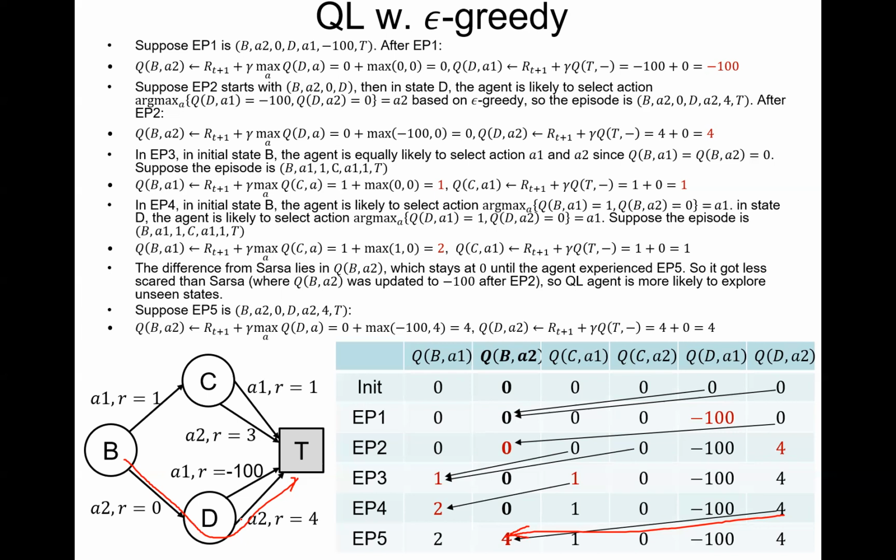So the agent, even after some Q updates, thinks, oh, these actions I haven't tried, and their Q values look pretty good. So why don't I try those based on epsilon greedy? So the agent is more adventurous if you initialize all the Q values to be large positive values.